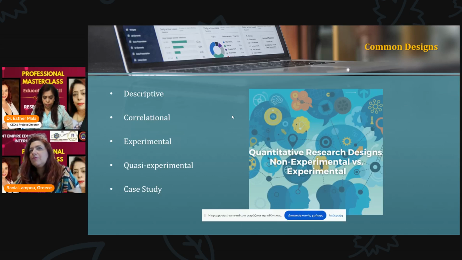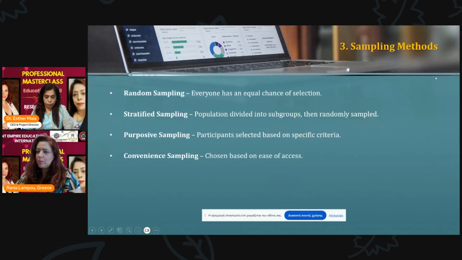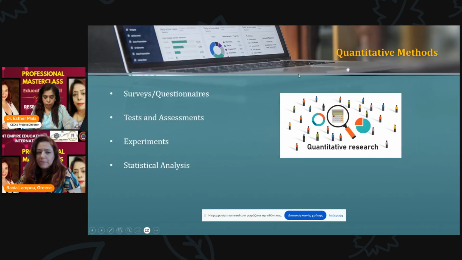Quasi-experimental is similar to experimental but lacks random assignment. And case study is an in-depth investigation of a single unit, a person, a school, or a program.